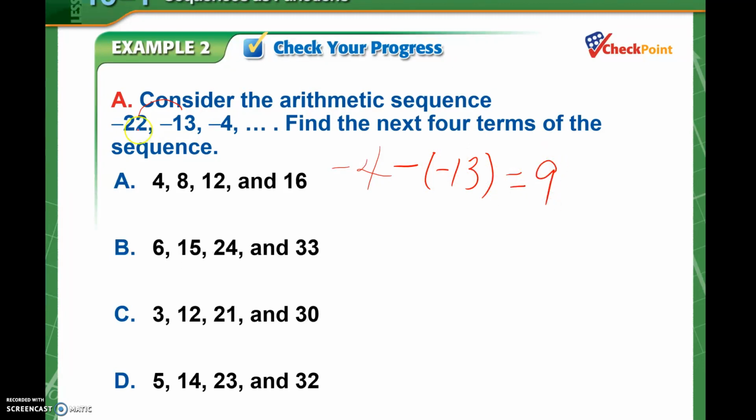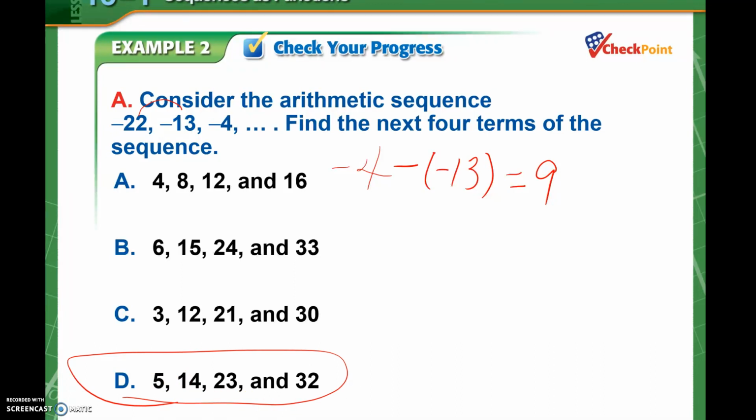So we're going to keep going up. If I add 9 to this, I would get 5, and then add 9, I get 14, and add 9, and I get 23, and so forth. So that's the next 4 terms.